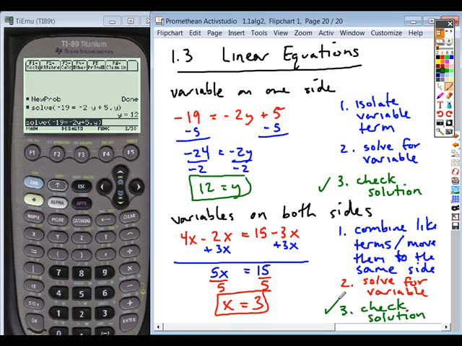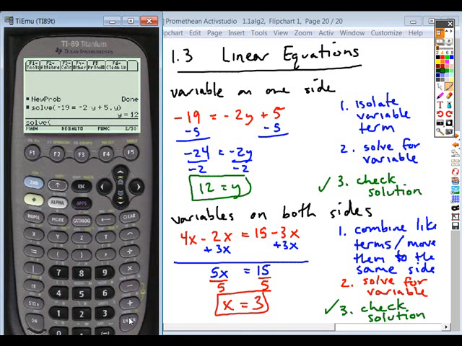I want you to enter that on your own in the calculator to verify using the solve feature, and see if it confirms what we got. So we have 4x minus 2x equals 15 minus 3x, comma x, because we want to solve for x. Enter confirms that x is 3.